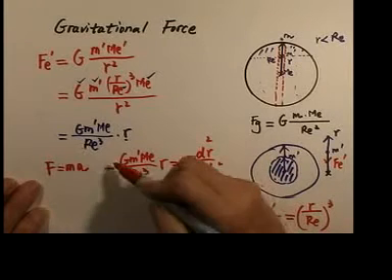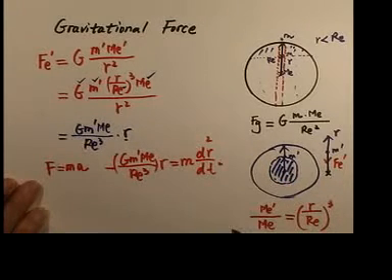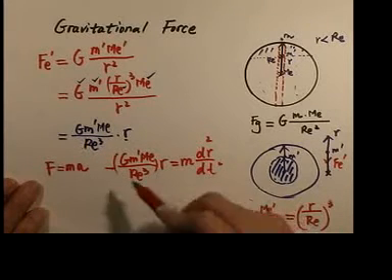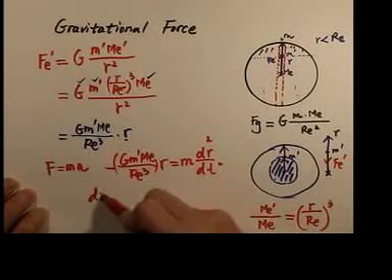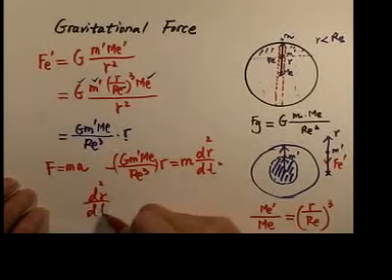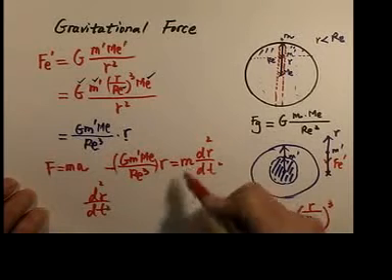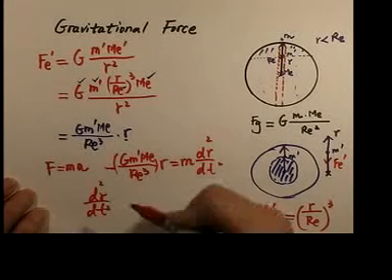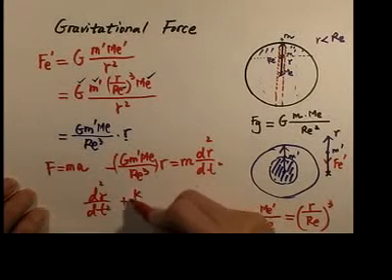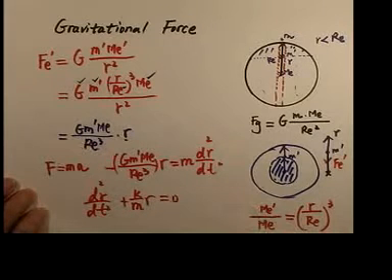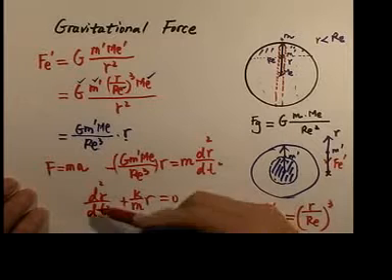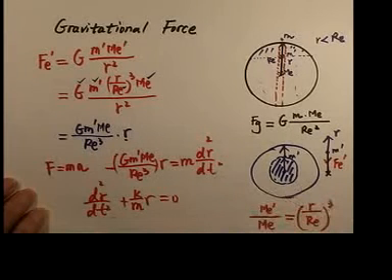So if we define this as a constant k, and move this negative term to the left side, what we have is d²r/dt², and we divide by m on both sides of the equation, we will have plus k over m of r equal to 0. This is a simple harmonic motion equation, because that we learned from the previous chapter.